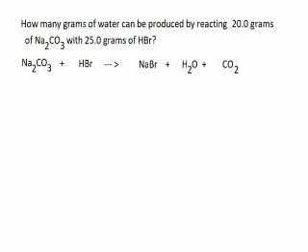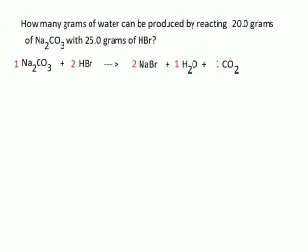Sodium carbonate and hydrogen bromide produce sodium bromide, water, and carbon dioxide. One sodium carbonate requires 2 hydrogen bromides. You get 2 sodium bromides, 1 water, and 1 CO2.